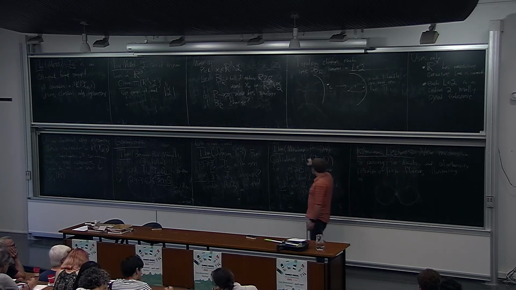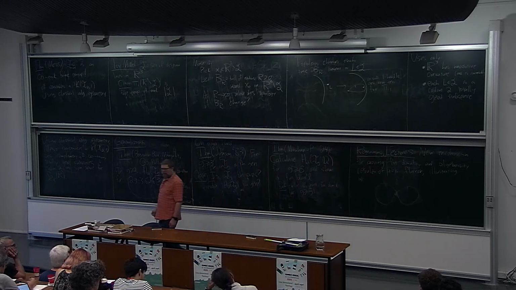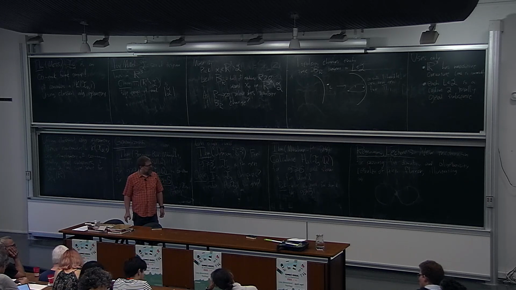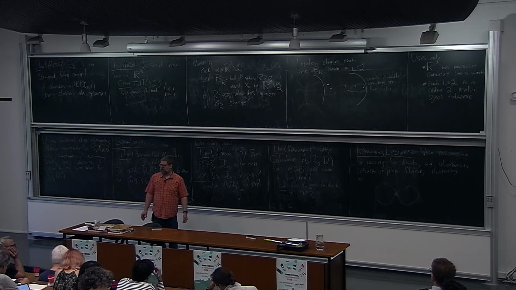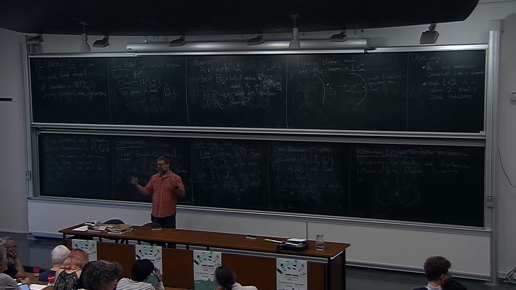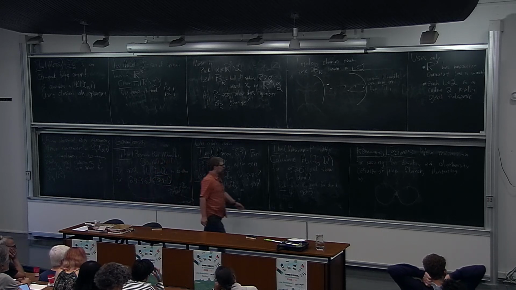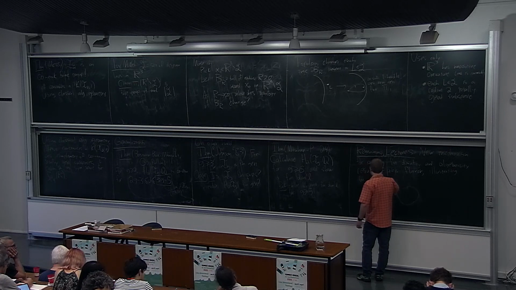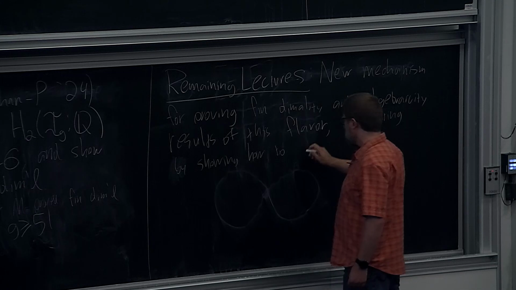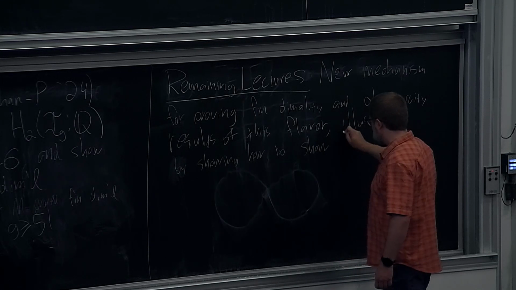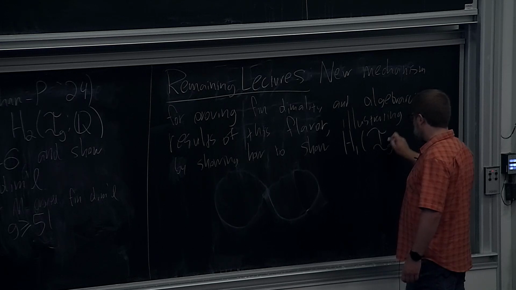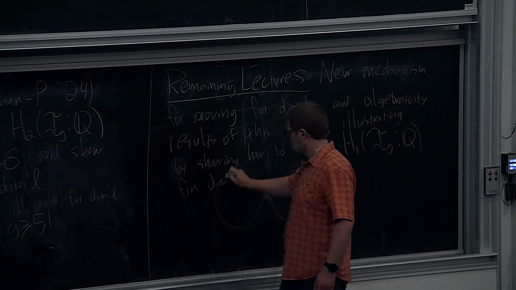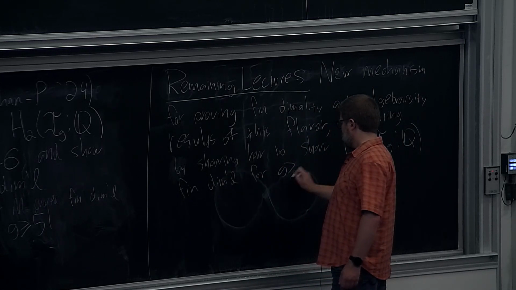The proof of this is quite complicated. It'll probably be about 100 pages. But I'm going to illustrate this by explaining how to calculate H1 like this, where the proof comes almost by pure thought. It involves almost no calculations. So I'm illustrating by showing that H1 of Torelli g with rational coefficients is finite dimensional for g at least 3.